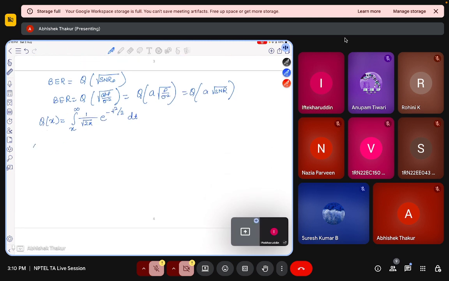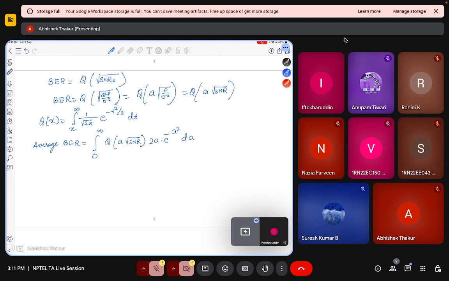So the average BER, the average bit error rate, will be the integration from 0 to infinity of Q of A square root of SNR times 2A e to the power of minus A square dA.